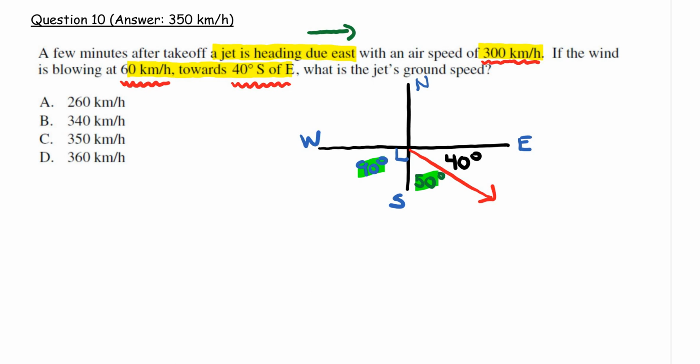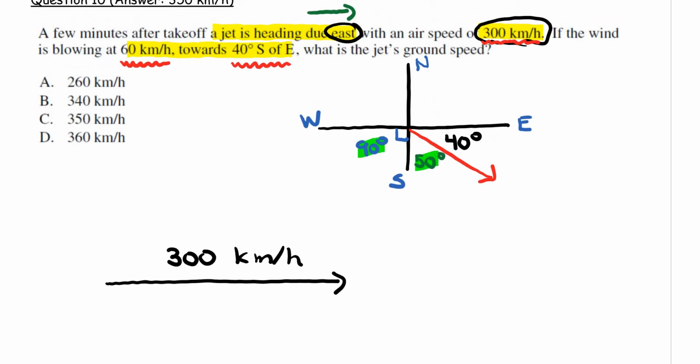Let's go ahead and construct a triangle for this problem. We're going to start off with this 300 kilometers per hour vector that's going due east. If I had to draw that, it's going to be a bit of a big vector there, so that's going to be 300 kilometers an hour, going due east.